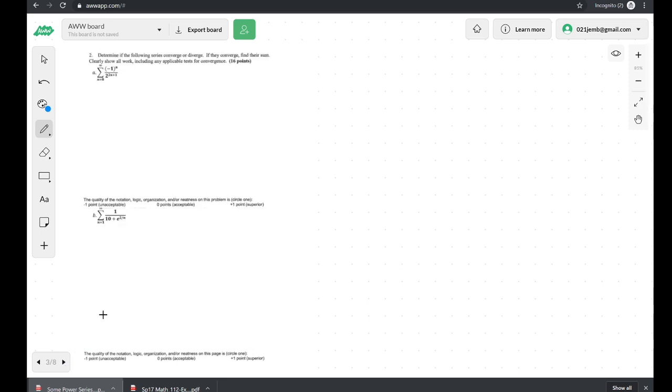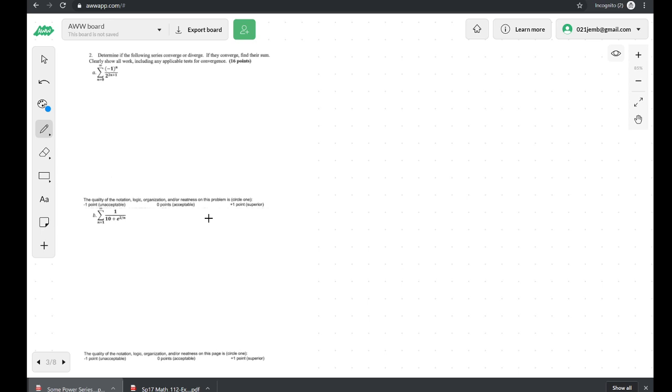All right, so now for question 2, which is a lot shorter than question 1. We're going to determine if the following series converges or diverges. If they converge, find their sum and clearly show all your work, including any applicable tests for convergence.